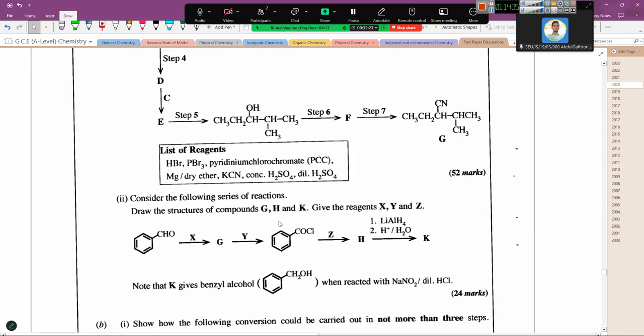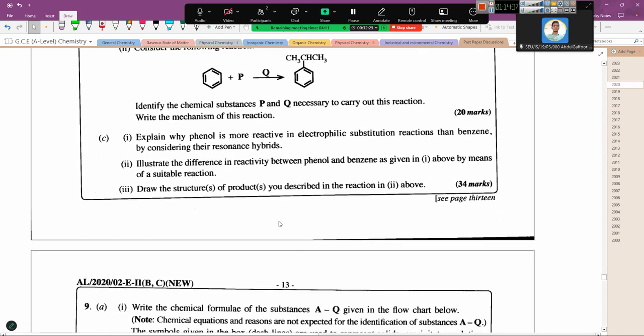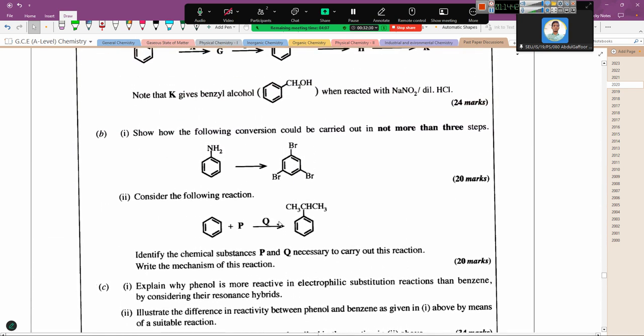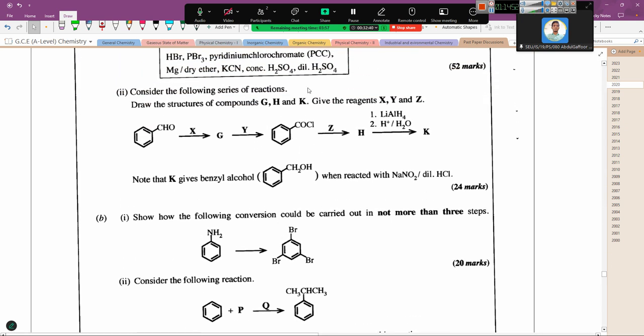That's what we are going to study, and that's the purpose of organic chemistry. Ultimately, you have to synthesize a new organic molecule using the raw materials or substrates. We call the raw materials substrates, and these are called intermediate products, and this is going to be our final product.